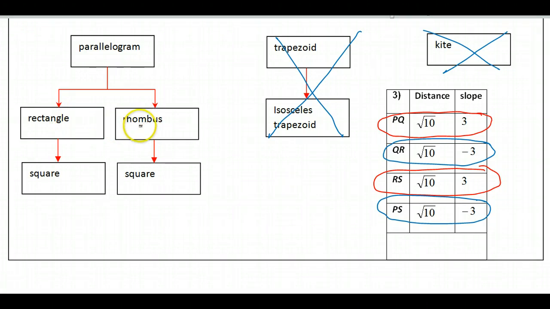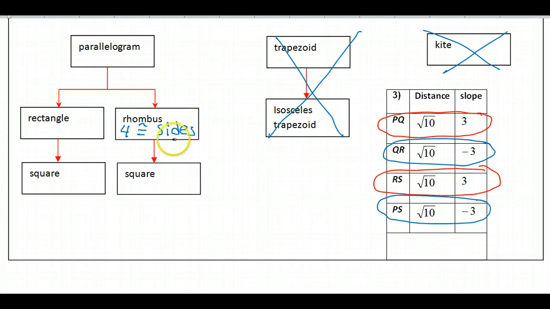What's the definition of a rhombus? The definition of a rhombus is that it should have 4 congruent sides. All right? I should be looking at the distances, not the slopes. Radical 10, radical 10, radical 10, radical 10. It has 4 congruent sides. So this is definitely a rhombus.